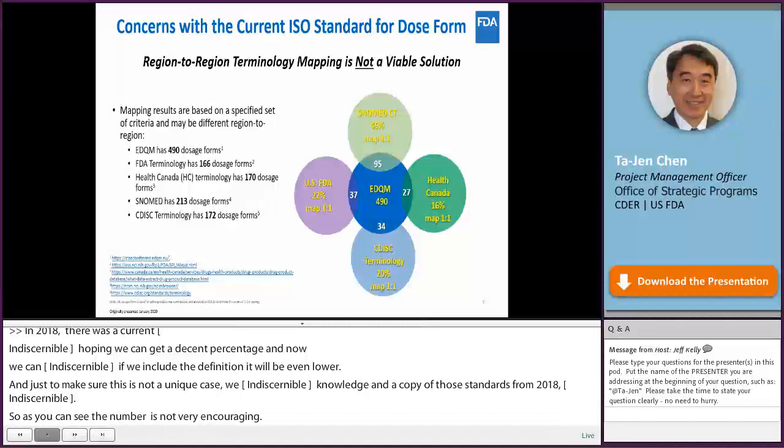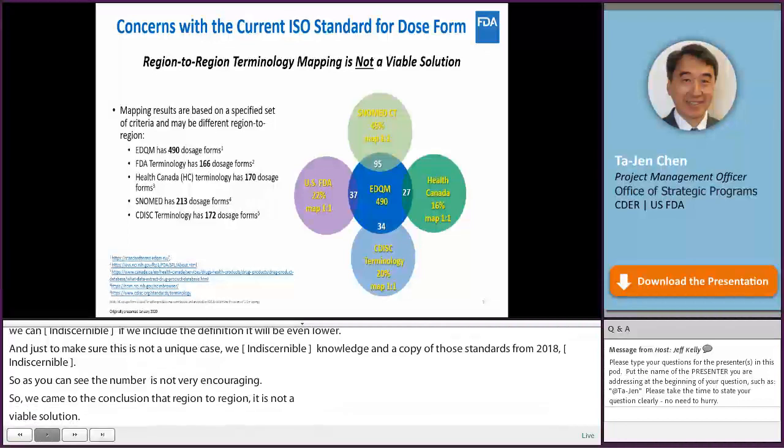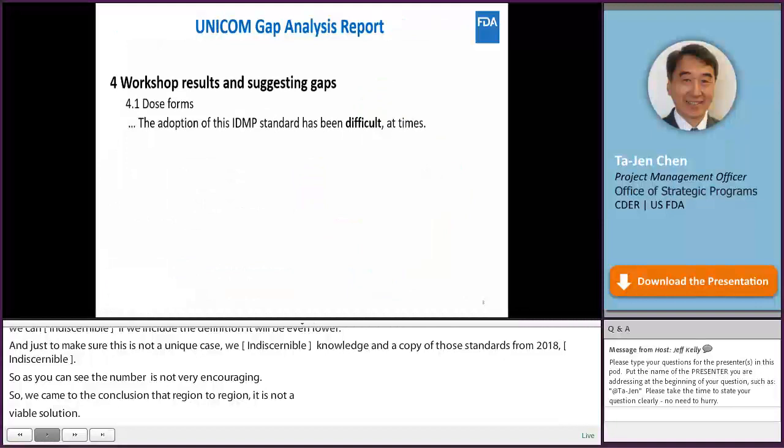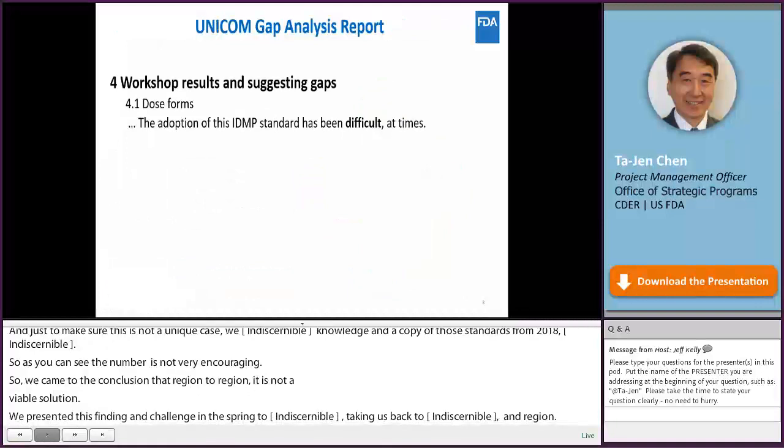Ron presented this finding and challenge in the spring 2019 ISO meeting to keep the ISO 11239 and the technical spec 20440 open for review and revision. In 2020, the UNIQUENESS project, which is the EU effort to implement IDMP, presented a gap analysis report during the ISO meeting, and the report stated that the adoption of this IDMP standard has been difficult at times.